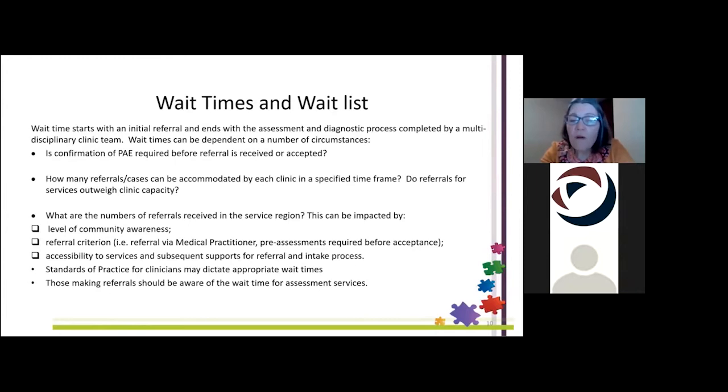Some clinics require a pre-assessment before accepting the referral, such as a psych-ed assessment. It could also be dependent on the accessibility to services and the subsequent supports for referral in the intake process. There are also standards of practice for clinicians that may dictate the appropriate wait times for each client.